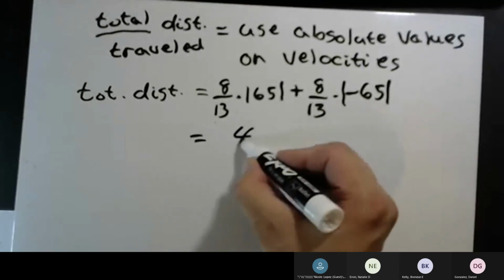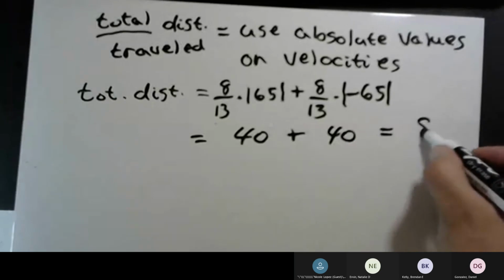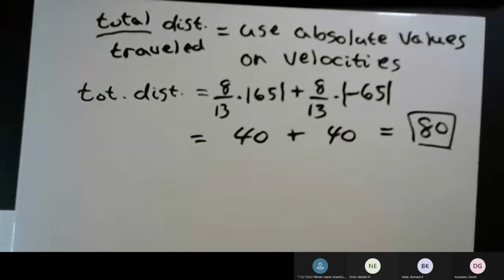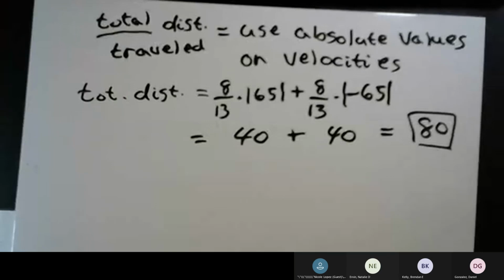And this will come out to 40 plus 40, which is equal to 80. And so that's how we guarantee getting that total distance traveled.